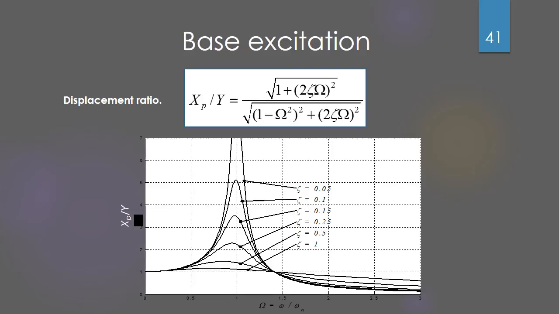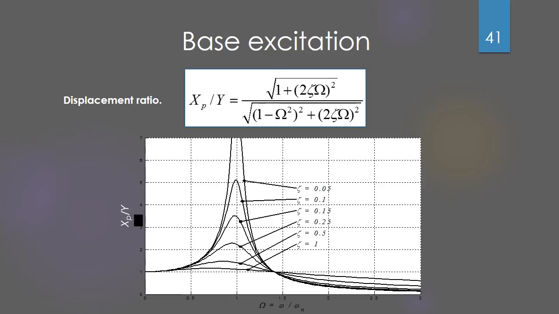The displacement transmissibility, or the displacement ratio, is the ratio between the output displacement and the input displacement. It can be obtained by the following equation using the damping ratio zeta and the frequency ratio.